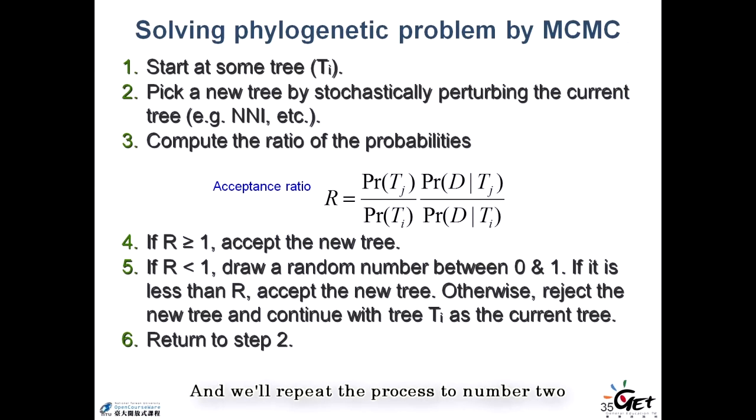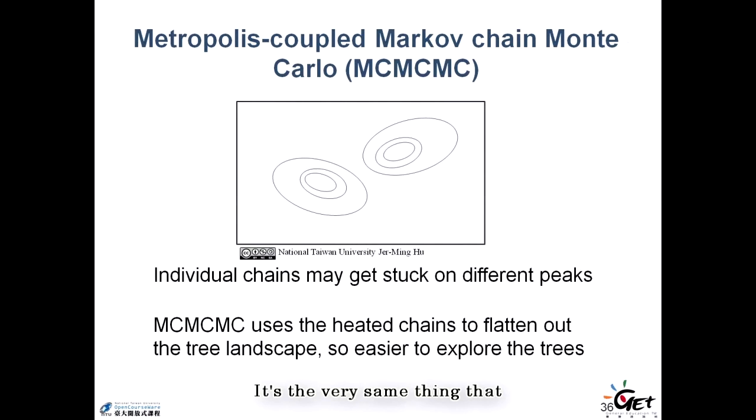We repeat the process, and just keep doing that until we find the distribution of the trees. Sometimes the tree can be trapped in a small valley or cannot move on to another area, so we need to use some method to avoid this problem.